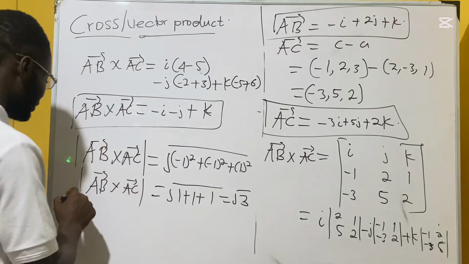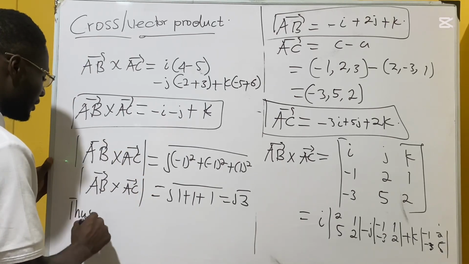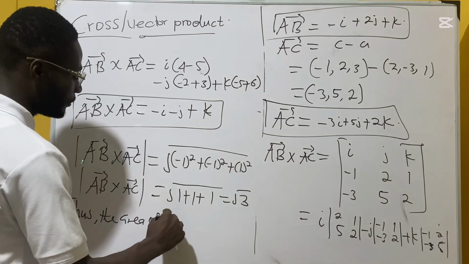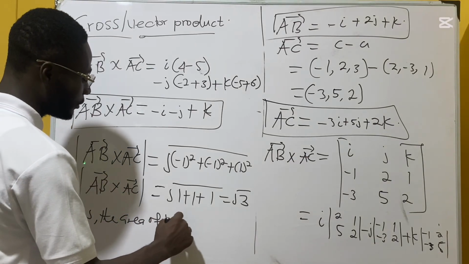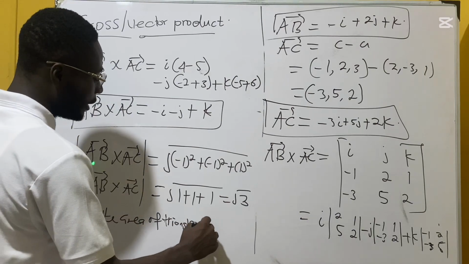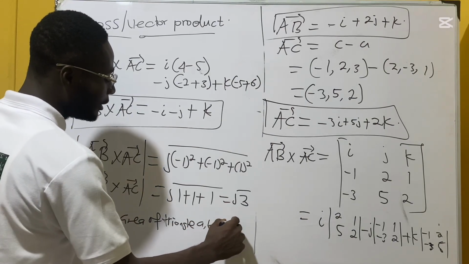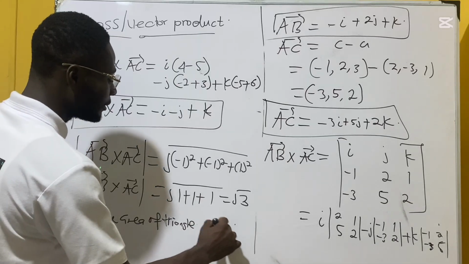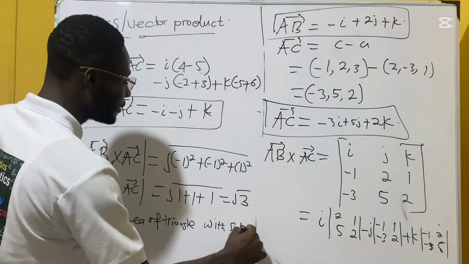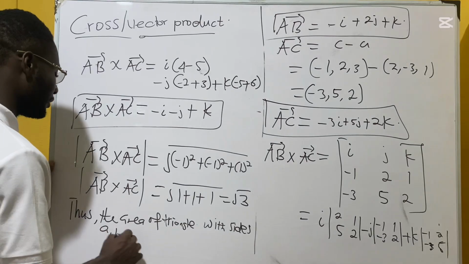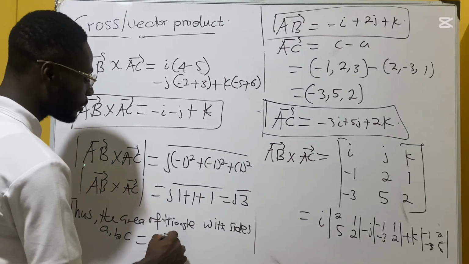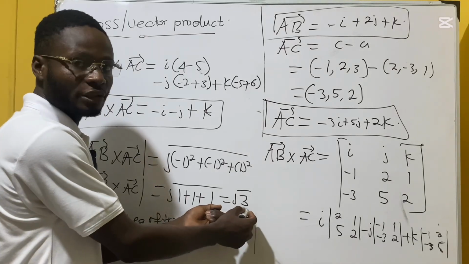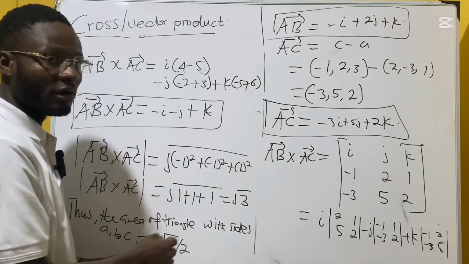Okay, so the area of triangle A, B, and C is equal to square root of 3 over 2, because you take half of this result and that becomes the area of the triangle.